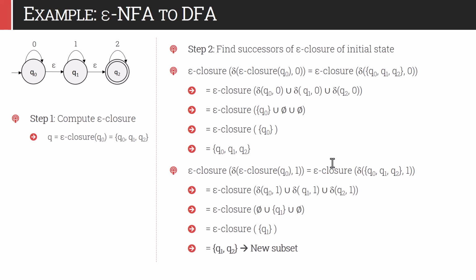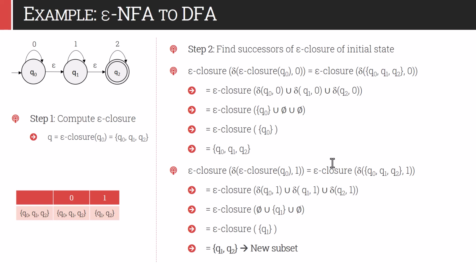And epsilon closure of Q1 is nothing but Q1 and Q2, because every state is in the epsilon closure of itself, and from Q1 we can move to Q2 by consuming the epsilon symbol. So that will also be in the epsilon closure of state Q1. So we have Q1, Q2. Now Q1, Q2 is a new state. It is not processed. It is a new state.